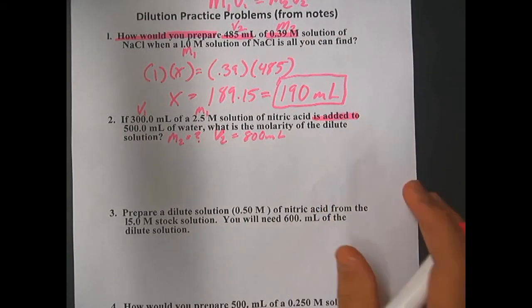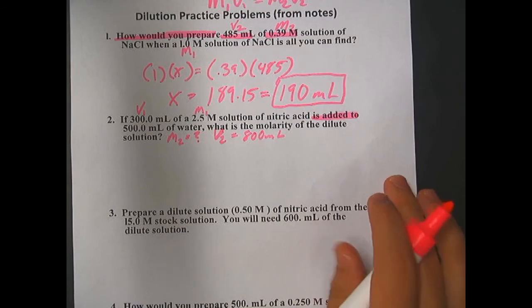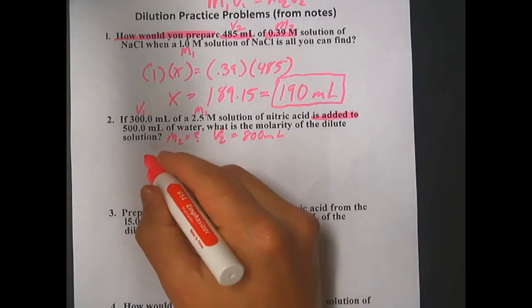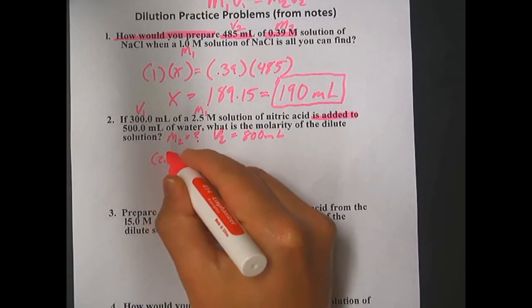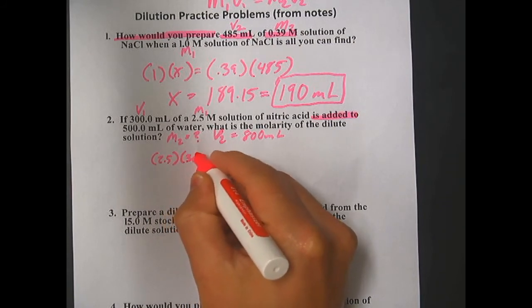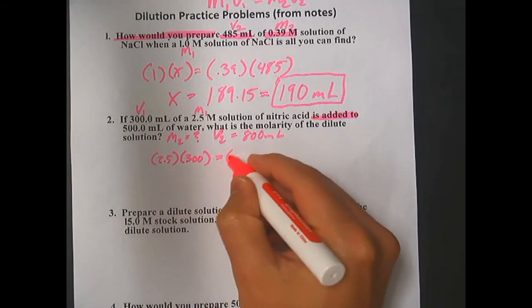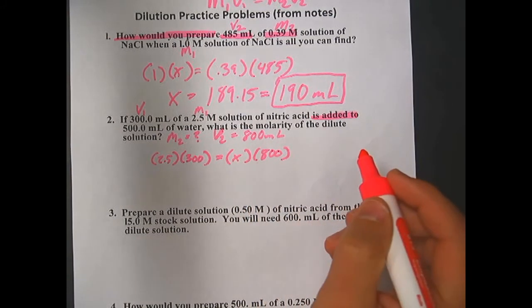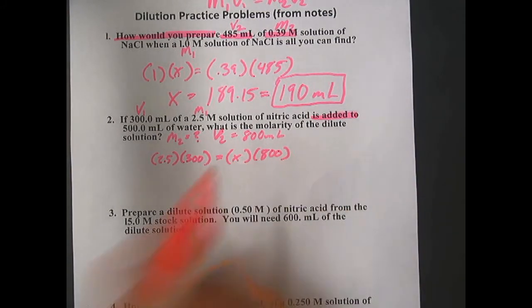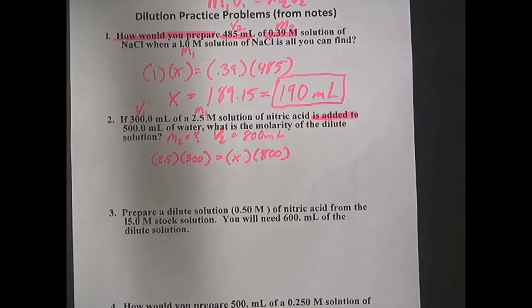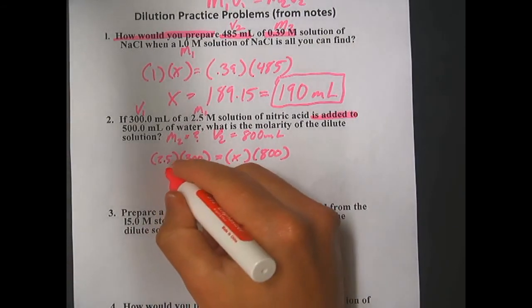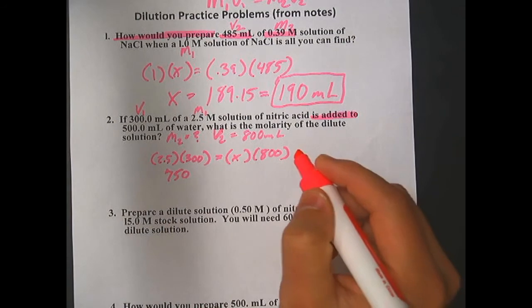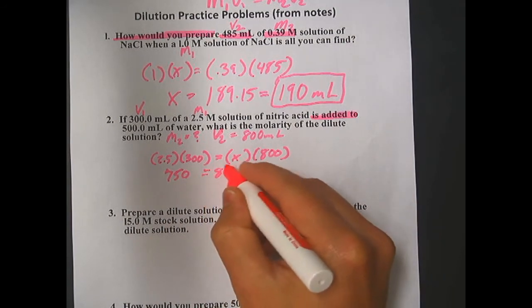But now let's just plug in the variables and solve. M1 is 2.5, V1 is 300, M2 is our unknown, V2 is 800. So 300 times 2.5, what's that, 750? 800x over here.